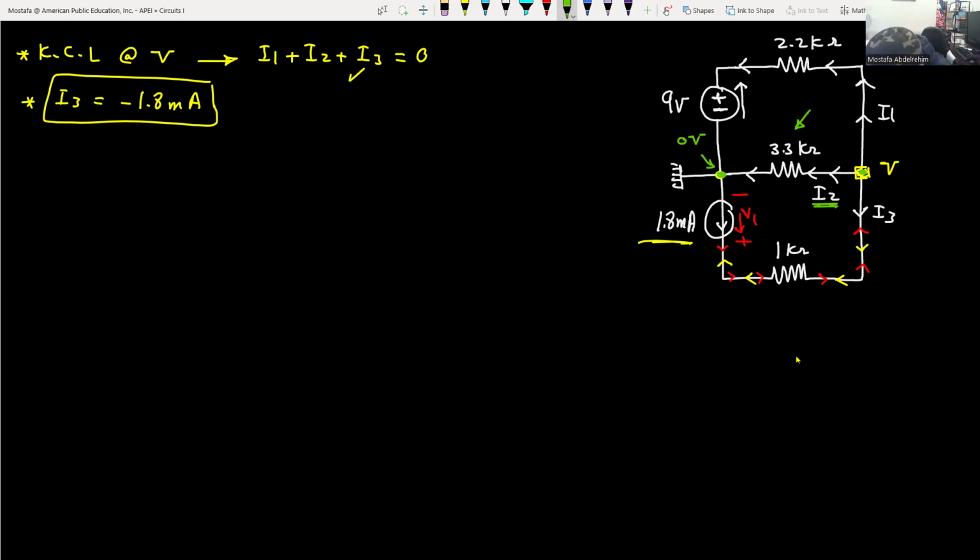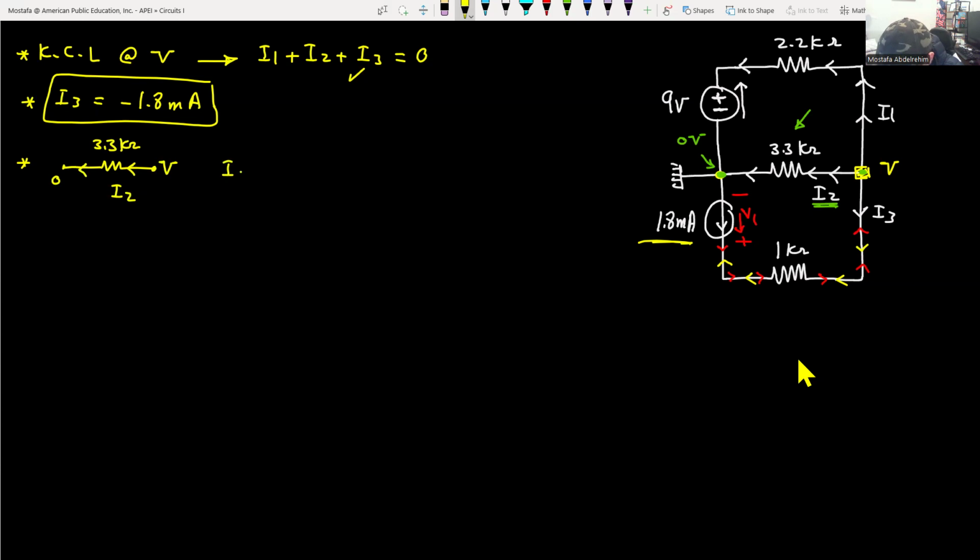So let's take this branch in here and separate it from the circuit. So this branch has a resistance of 3.3 kilo ohms. This point has a voltage called V, we don't know it. This node has a voltage 0, we know it. And I2 is flowing from V to 0.